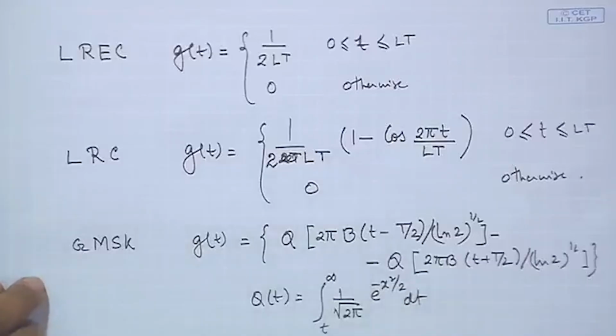So, it is a much more complicated pulse shape, and one could get the g of t.